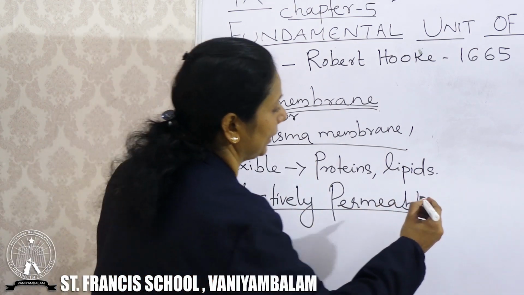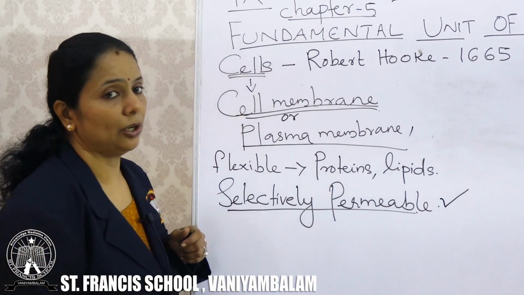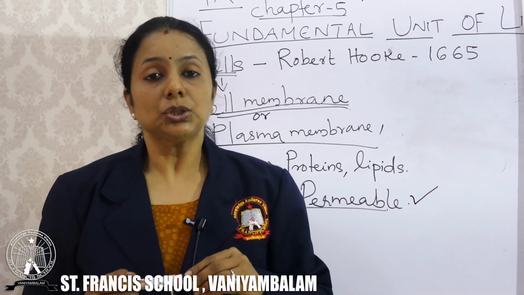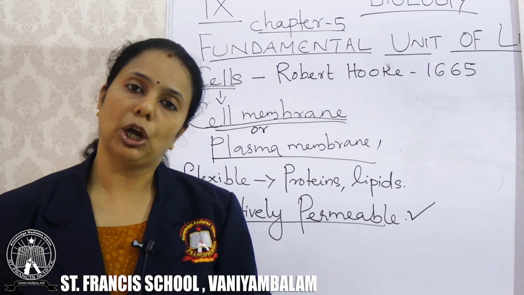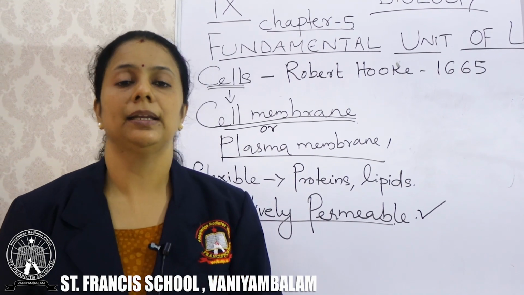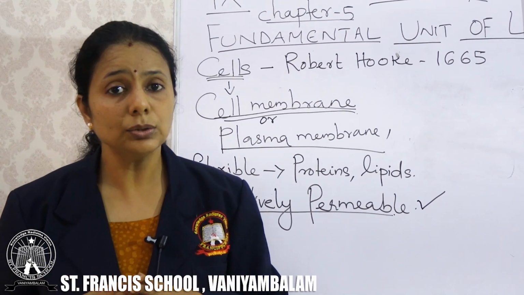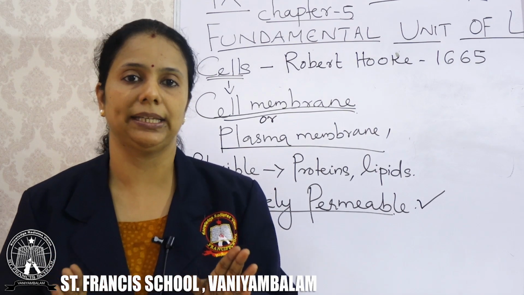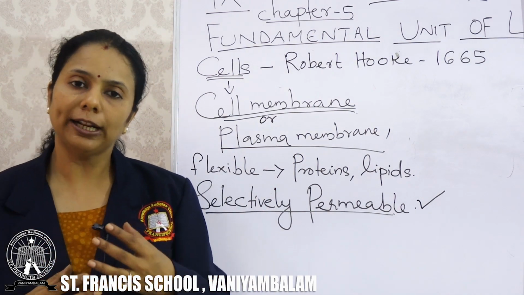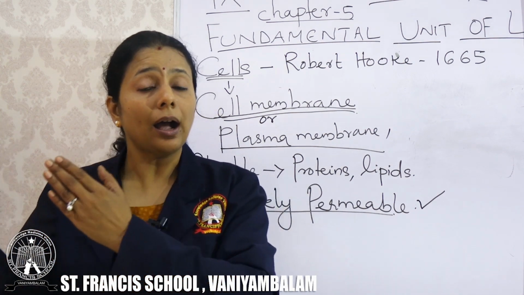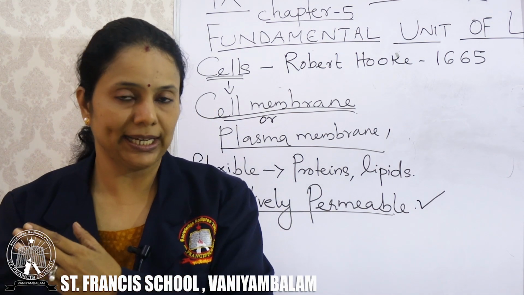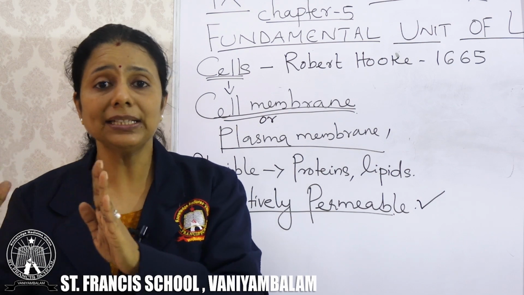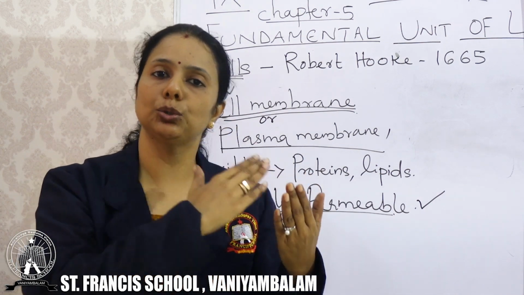Very important point about the cell membrane or plasma membrane. So why is the plasma membrane called a selectively permeable membrane? Because it allows the exit and entry of certain materials. It selects the material. For example, if some harmful object is there outside the cell, it prevents the entry of those things into the cell.